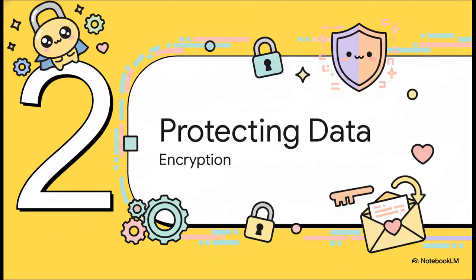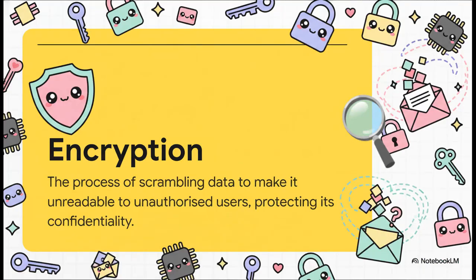Right. So if we have to assume our data could be intercepted, how do we make sure it's completely useless to whoever grabs it? This brings us to our first major solution: encryption. So what is encryption? Put simply, it's the process of scrambling data into a format that's unreadable. The whole point is to protect the confidentiality of that data, making sure that even if someone does intercept it, they can't understand it.